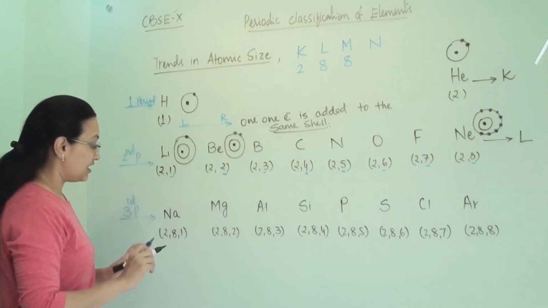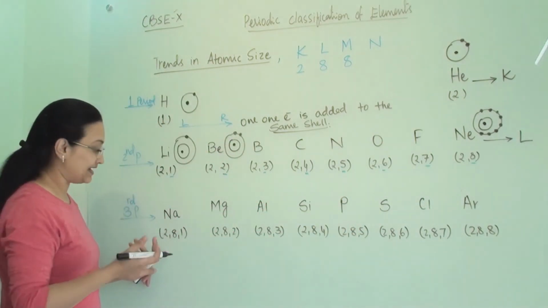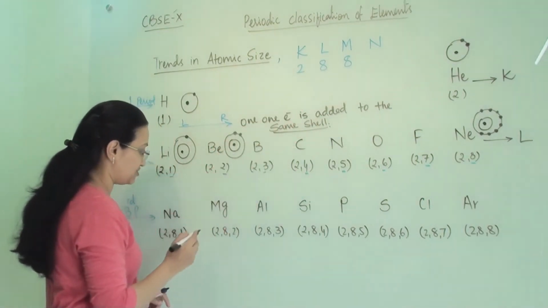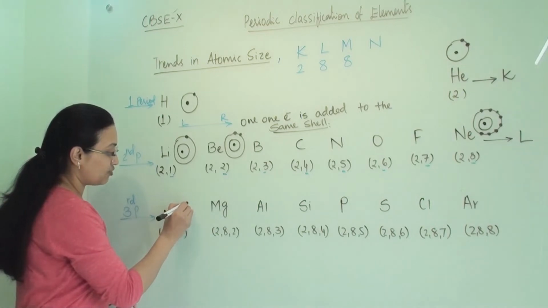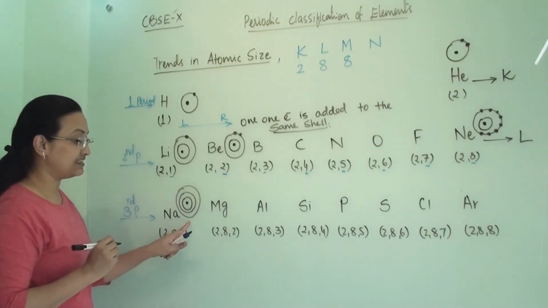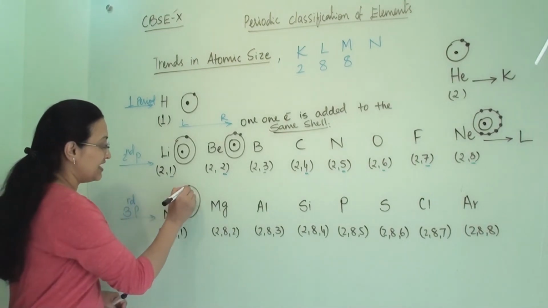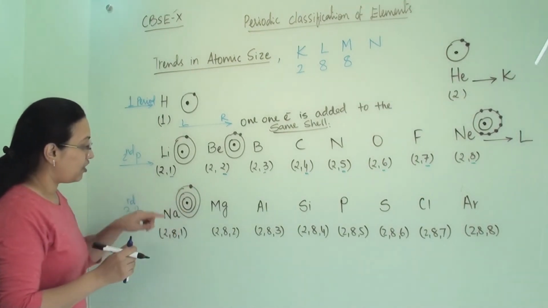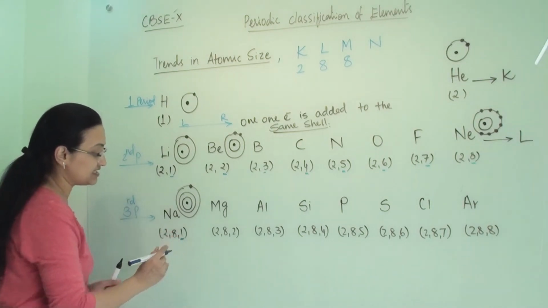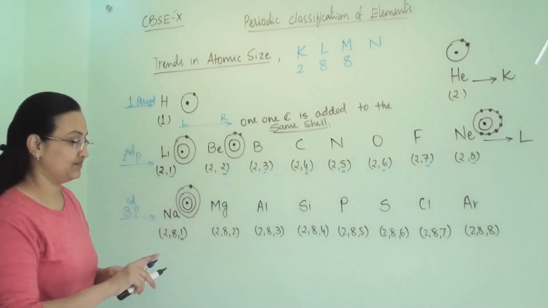So now if we want to put more electrons, then we go to the third shell, and that is M shell. If we draw an orbital structure of sodium, it is something like this with 3 orbits, and in the third orbit 1 electron is there. So here the valence orbit is M shell.